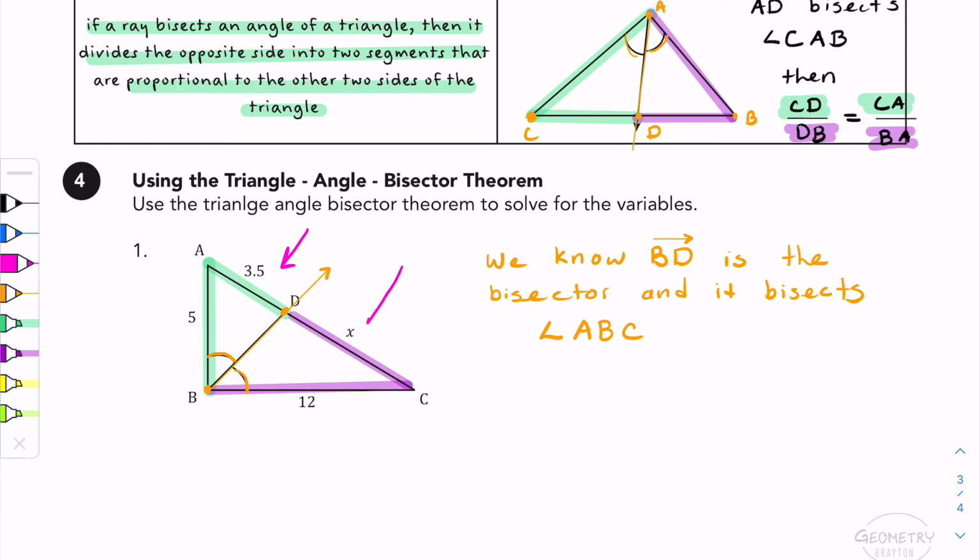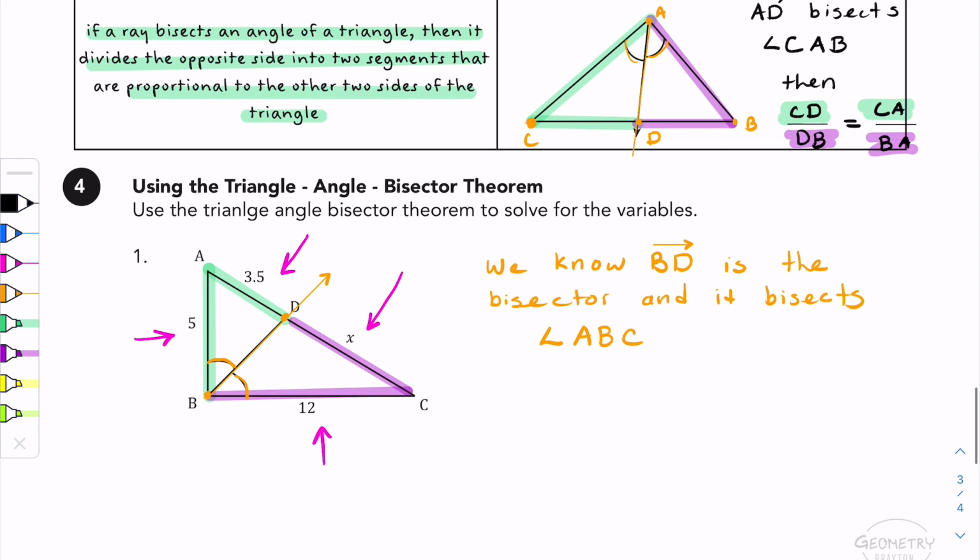That's going to create these two segments that are proportional to these two segments. So when I set up my proportion using the triangle angle bisector theorem, I'm going to set up a proportion of segment AD over DC is equal to BA over BC.